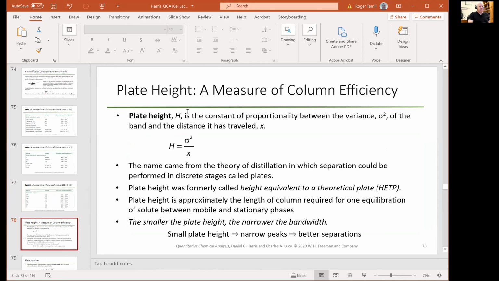And the plate height here is, it's just something to get used to. It's equal to sigma squared over x. X is the distance the band travels, and sigma squared is the squared half width at half height. So this value, sigma squared over x, you can just combine those two terms into h.